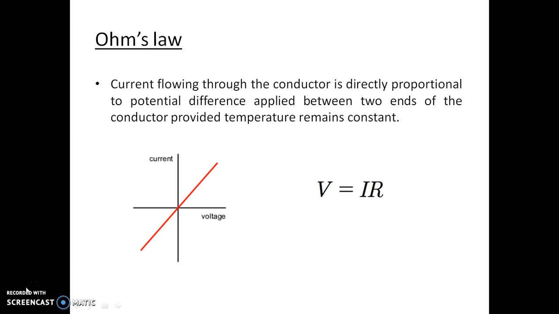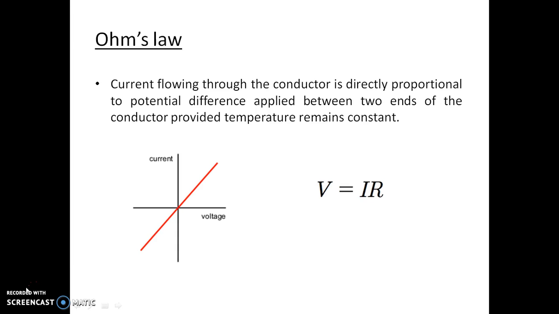If we plot voltage on the x-axis and current on the y-axis according to Ohm's law, as we increase the voltage applied between two ends of the conductor, the current flowing through the conductor also increases. So the characteristic of Ohm's law shows a linear relationship between voltage and current.